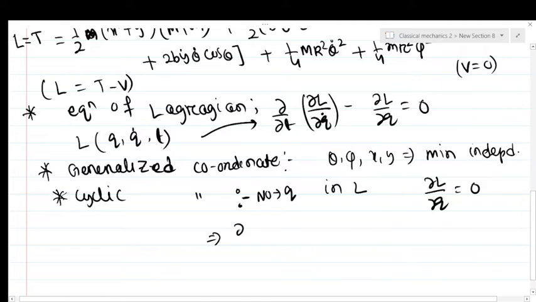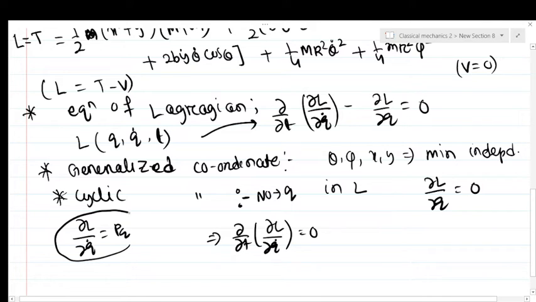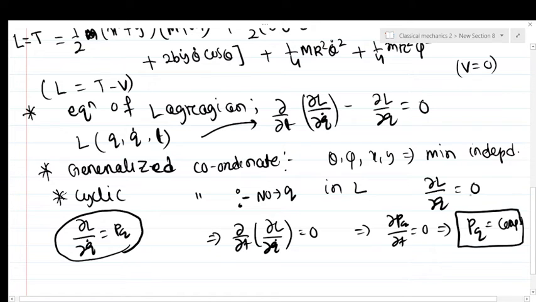That implies del by del t of del L by del q dot is equal to 0, and here del L by del q dot is equal to p_q, the conjugate momentum. That implies del p_q by del t is equal to 0, so p_q is conserved. For that, q is the cyclic one.